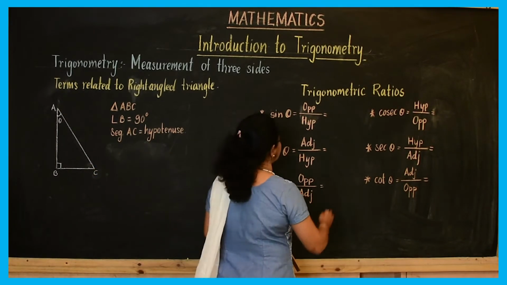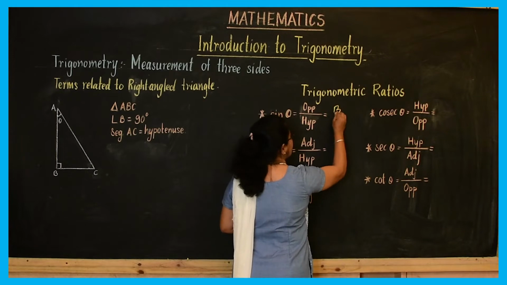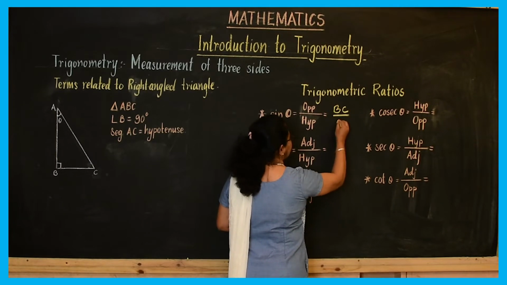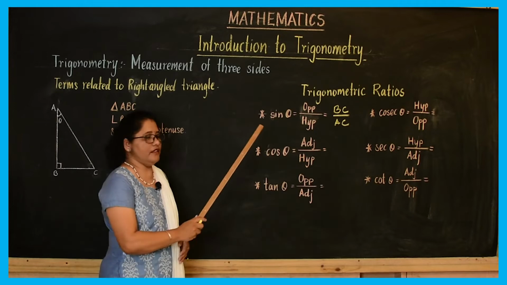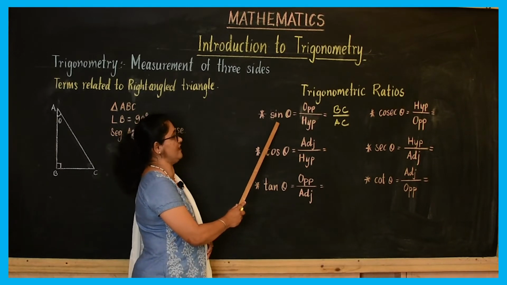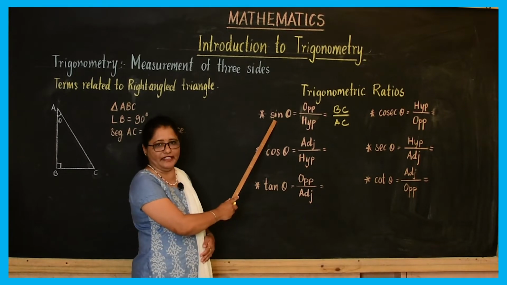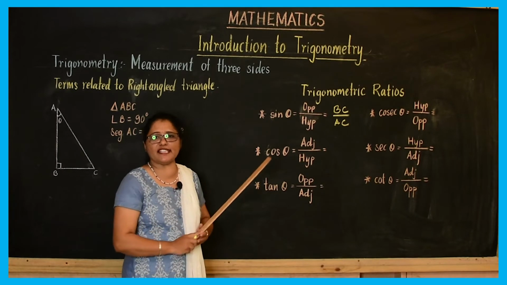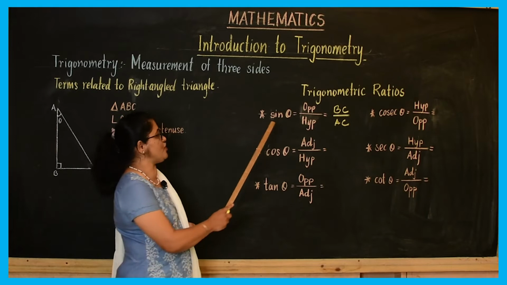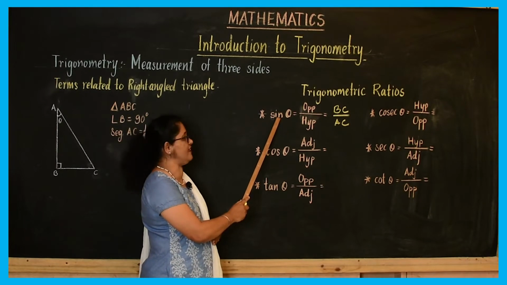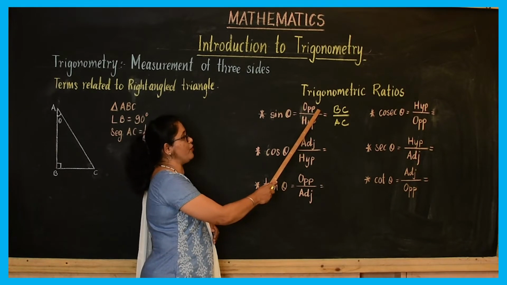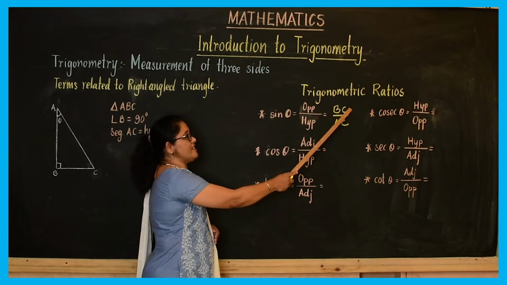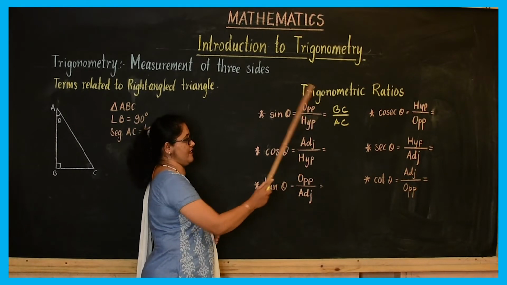So we'll have it as BC upon AC. Sin theta is the short form of sine, S-I-N; the full spelling is S-I-N-E. In short, we write sin theta is equal to opposite upon hypotenuse, which is BC upon AC.